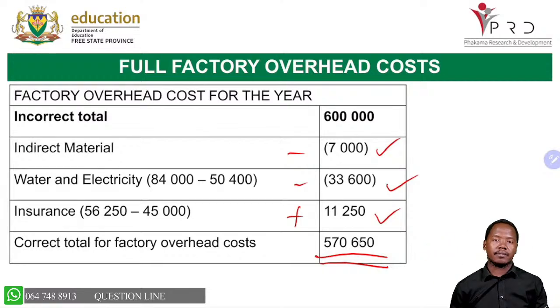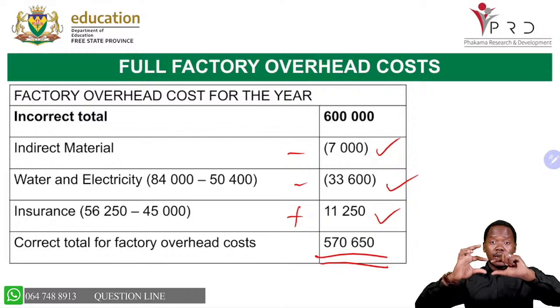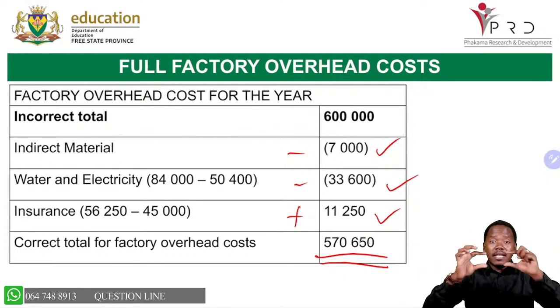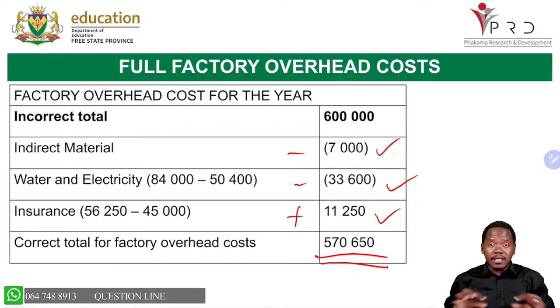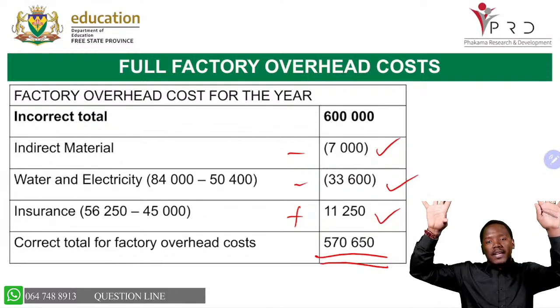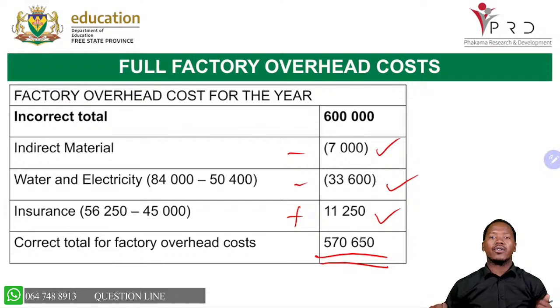Okay. Now we are going to look at our production cost statement. What we'll do, hope you won't be confused, we're going to first break it into smaller pieces, meaning 3 items, 3 figures. From there, we're going to display the full production cost statement. Grade 12s, I hope everyone is with me.